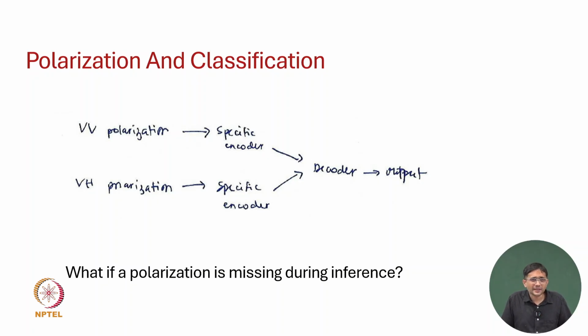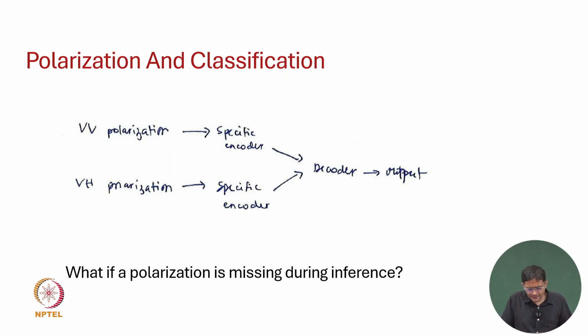Sometimes one of the polarizations is missing. So what could you do to account for such missing polarization during test time? In more machine learning terms, this translates to the problem of missing modality during inference.